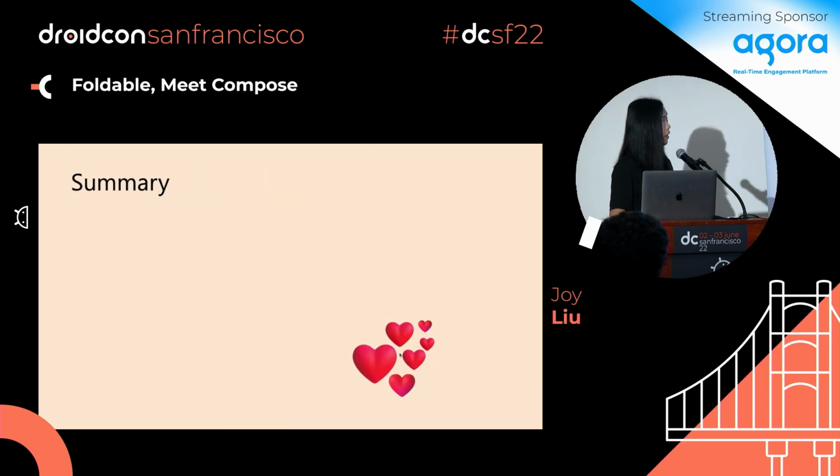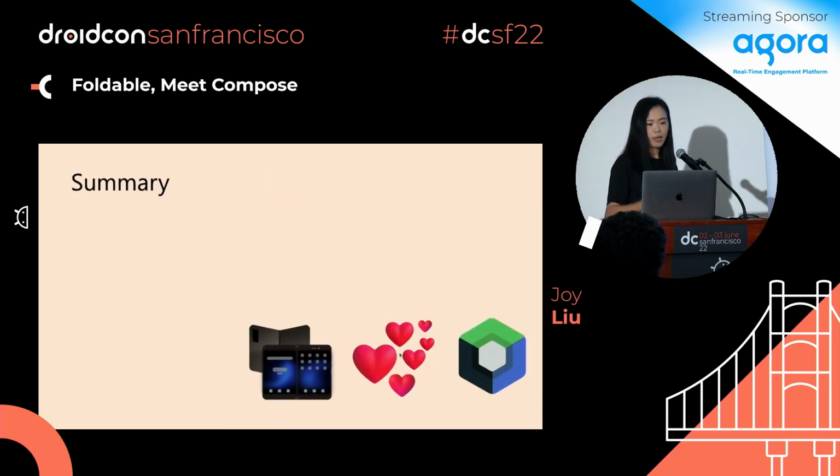Okay, we came all the way here, watching Compose and Foldable starting with the unpleasant date and ending up with the happy ending. What is your takeaway from the story? There are many things you can do to enhance your application on the Foldable.